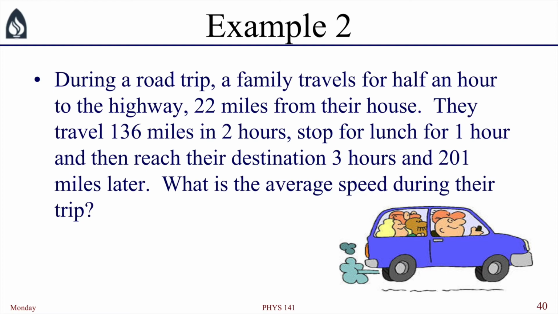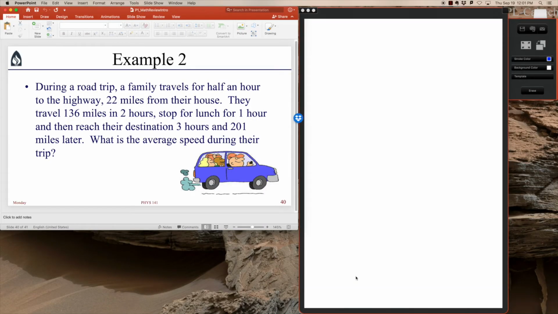What is the average speed during their trip? All right, so if we want to do this calculation, we need to remember that average speed is equal to the total distance traveled divided by the total amount of time it took to accomplish the trip.